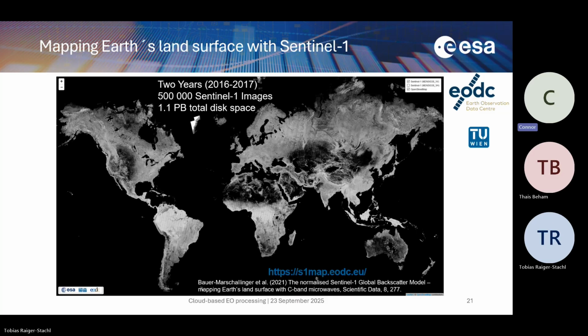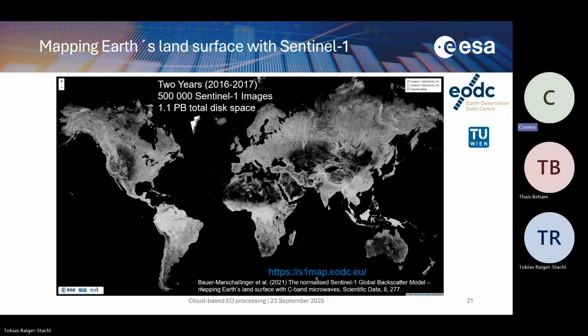Because as you might recall, Sentinel-1, or SAR systems in general, have a side-looking acquisition geometry, which means we have to take the incidence angle into account when interpreting backscatter data. Backscatter is another term that I hope you're familiar with. If not, just ask me.